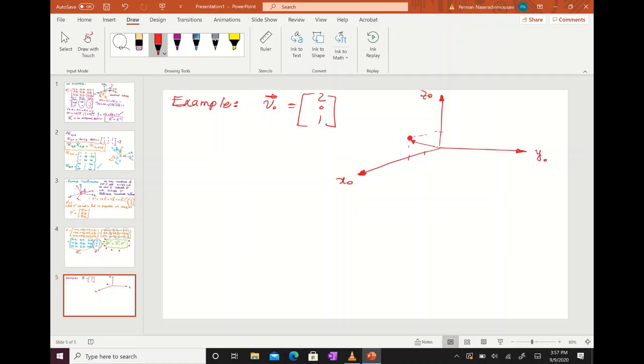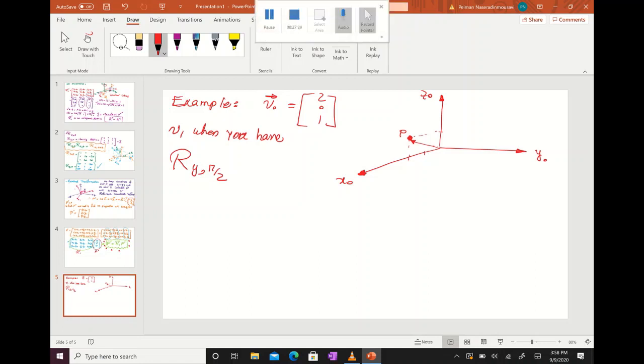Now I'm saying find v1, meaning the new coordinate of this point P, when you have the rotation R of y and pi over 2. So please focus on this and do it. Don't forward the video, because you're learning. See if you can find this in 3 or 4 minutes.